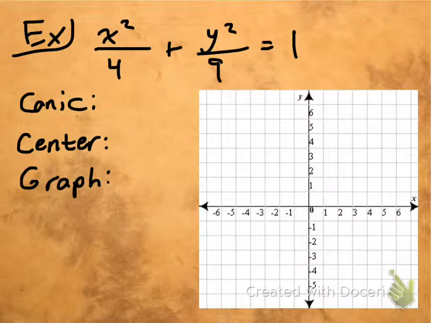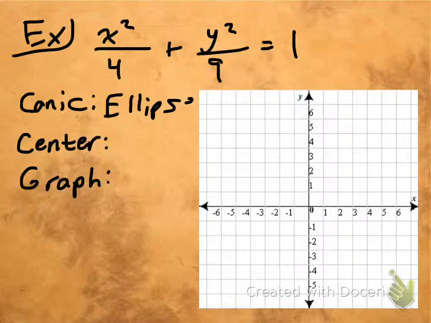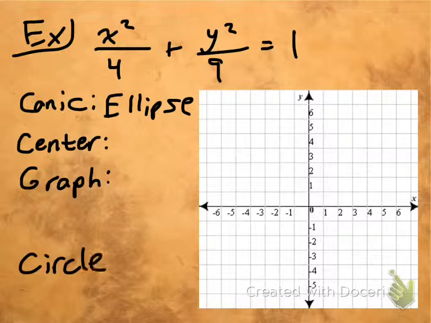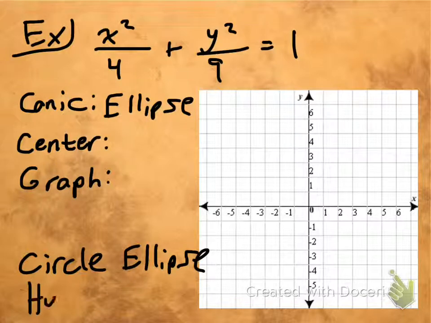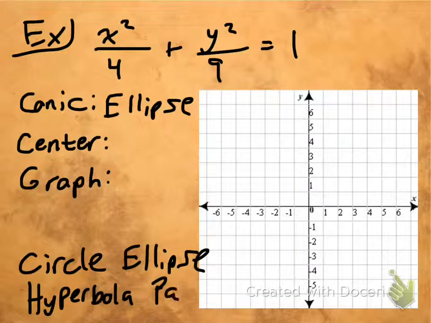Okay, here we go. First example, we have the conic x squared over 4 plus y squared over 9 equals 1. And as I just said, this is an ellipse. But let's look at the big reason as to why we know this. We know the possibilities are a circle, an ellipse, a hyperbola, and a parabola.